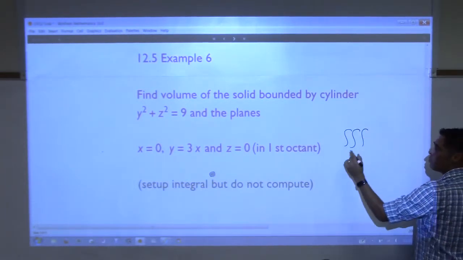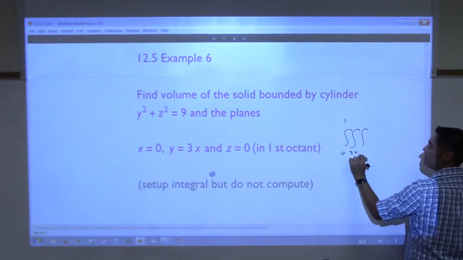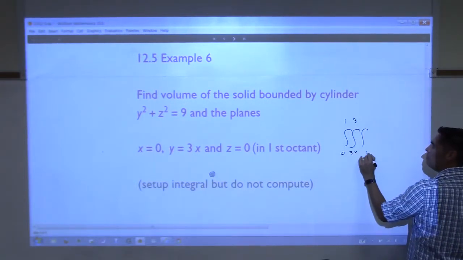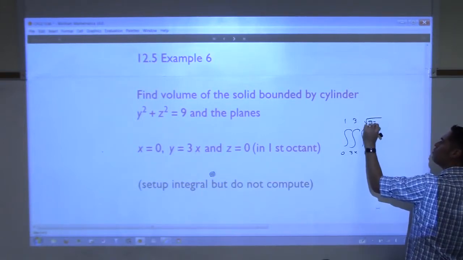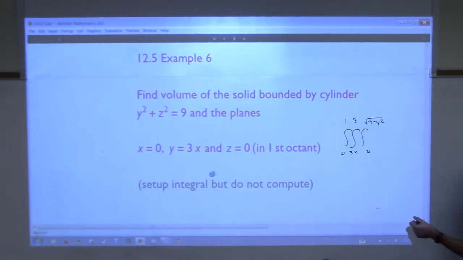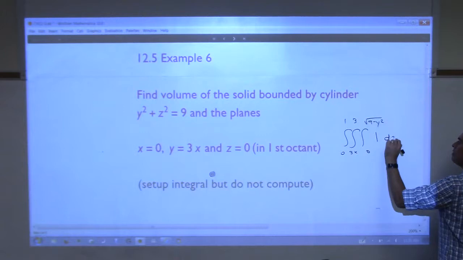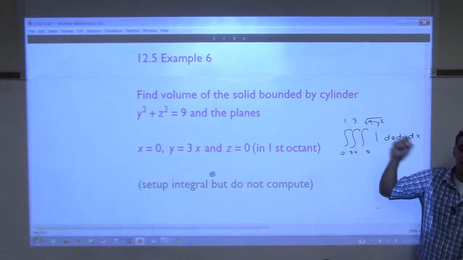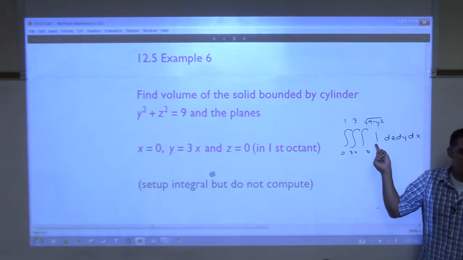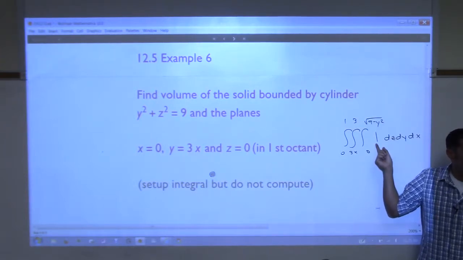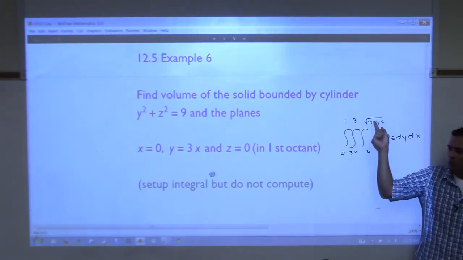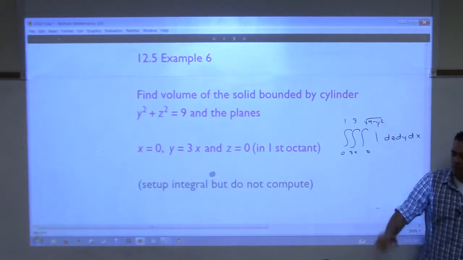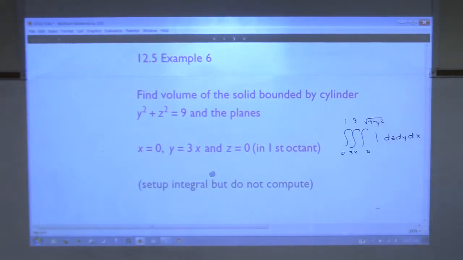But to do this, we want to go 0 to 1, 3x to 3, 0 to root 9 minus y squared, and integrate 1 dz dy dx. Unfortunately, this is going to be more difficult, because what made the previous problem easier was that, because there was z in there, we integrated and got z squared, and it killed off our root. That was very nice, but this one doesn't work that way.